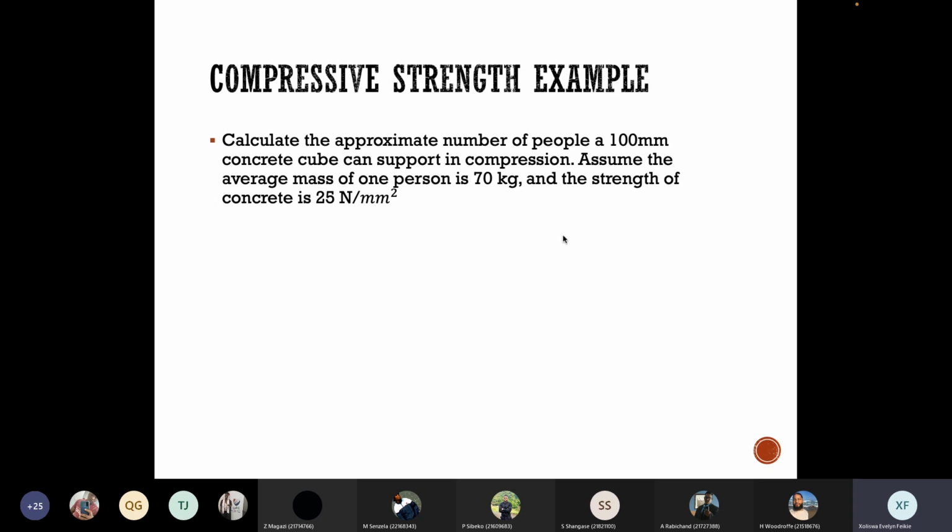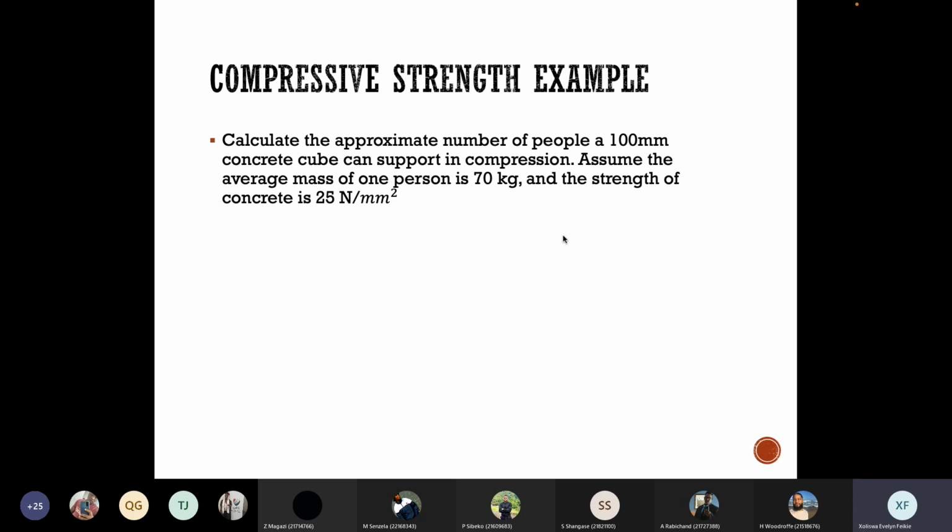So the only thing missing here is the force. If you have the 100, it will be 100 times 100, because if it's a cube, the face is a square. Then to get the area, you multiply 100 times 100, and then you multiply the area times the compressive strength. The answer that you're going to get there is your answer in newtons.